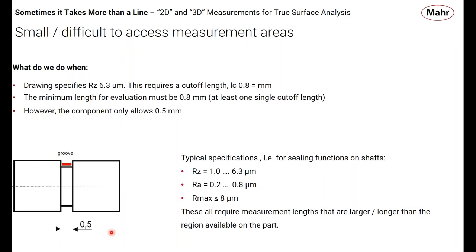That's all fine. In this case, there's a reason that ISO provides that guideline. And the point is if you only have a couple of 100 microns of strike length, and you have a fairly large roughness in that area, you need to have more than a half a millimeter or a quarter millimeter of data, just to be sure that your data really represents what's going on in that groove.